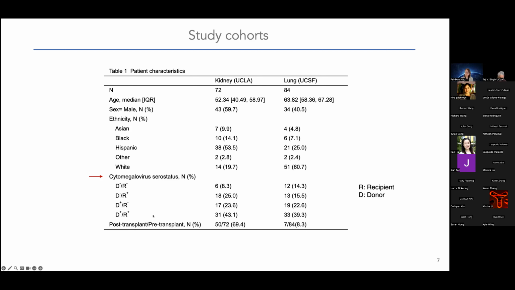They will be given an organ from the donor, who might have a different serostatus. We have these records for all of the patients. And for some of them, after they got transplanted, we also sampled post-transplant blood samples to profile the DNA methylation.